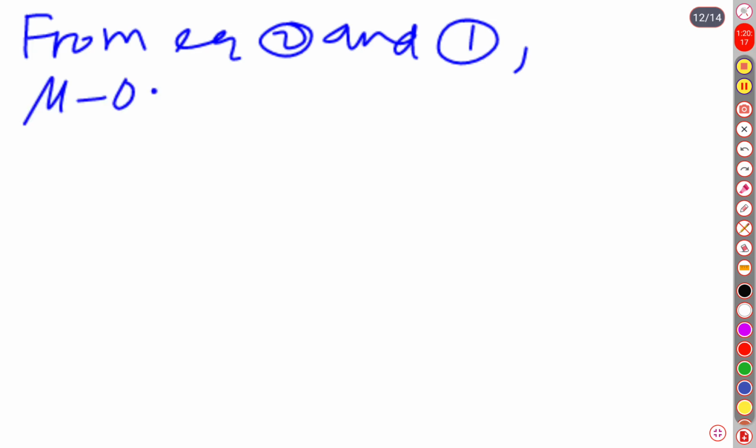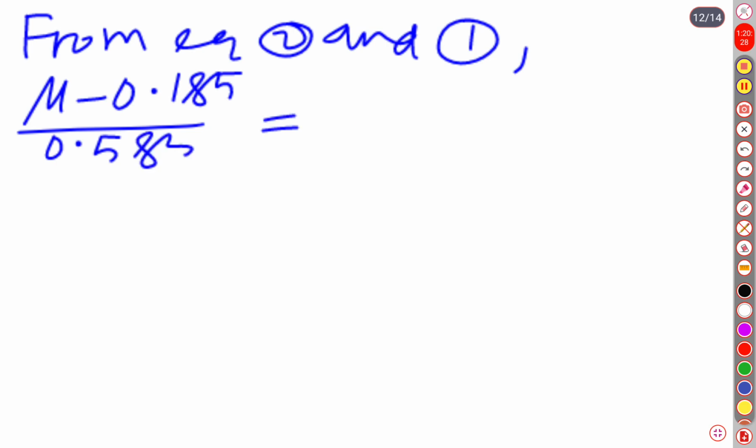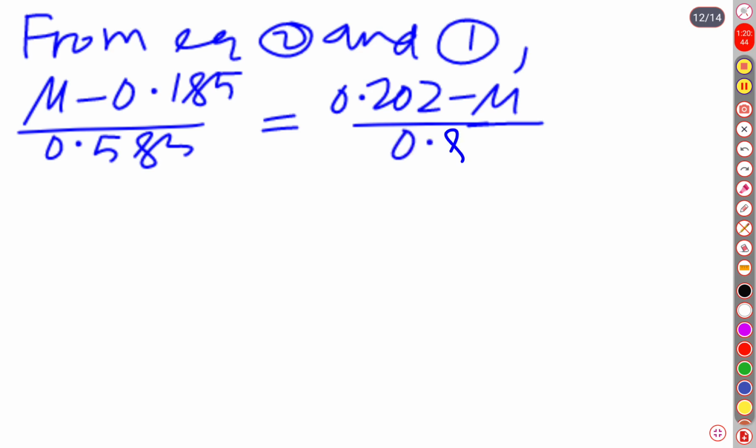mu minus 0.185 over 0.583, which is equal to mu minus 0.202 over 0.842.